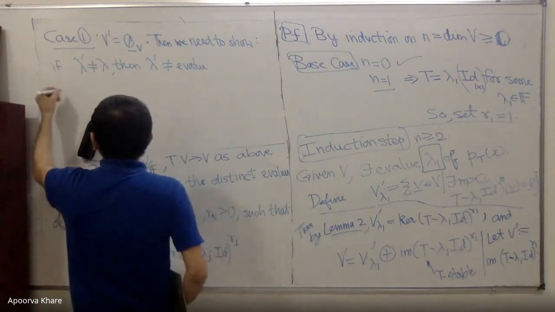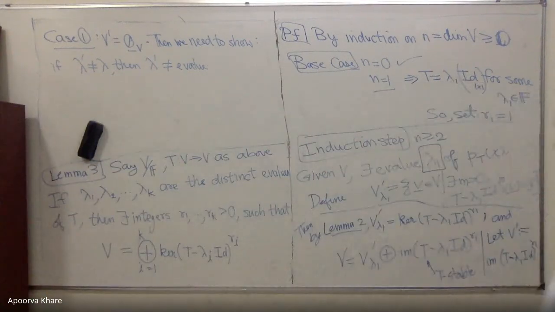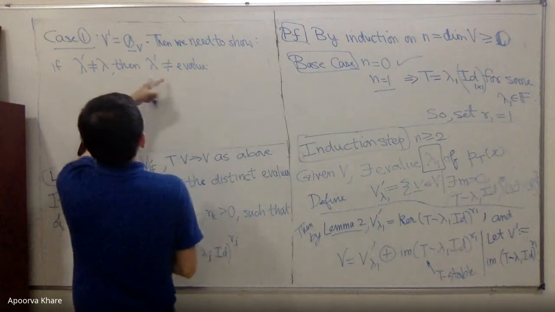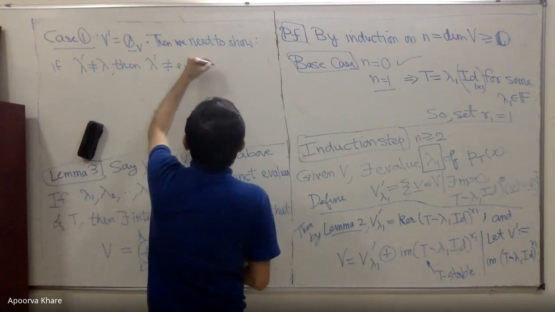So once you know that, then you're done. So let's calculate. Suppose lambda prime was an eigenvalue. Suppose it was.